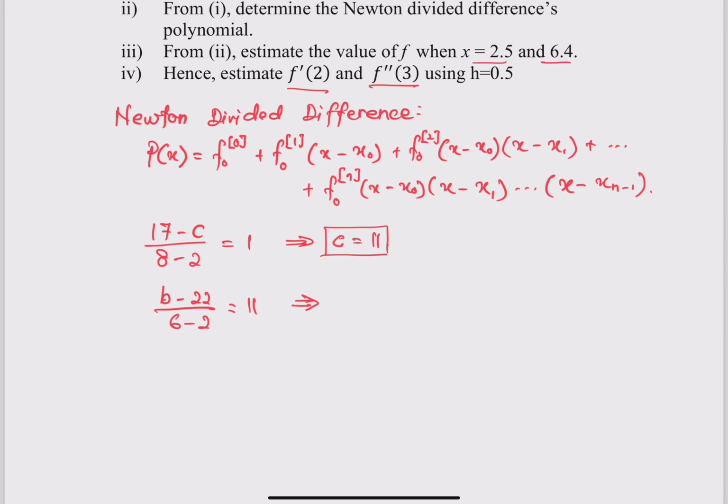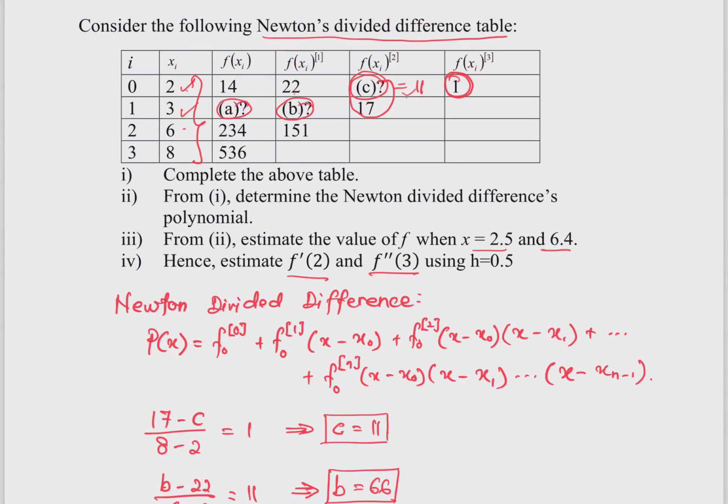And if you do the algebra, what you will get is your B is 66. In fact, here you also can use 151: 151 minus B, divided by 8 minus 3, is equal to 17.